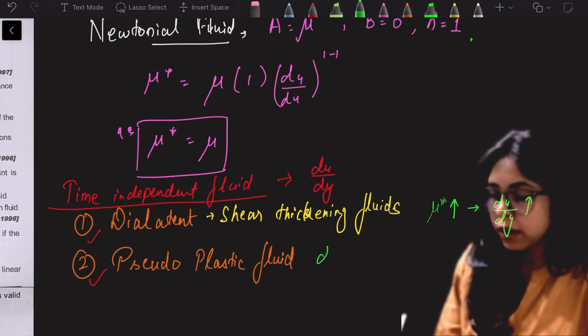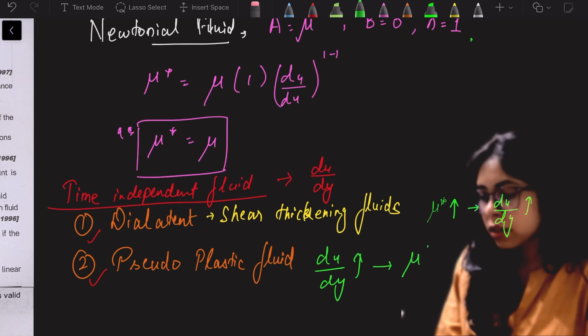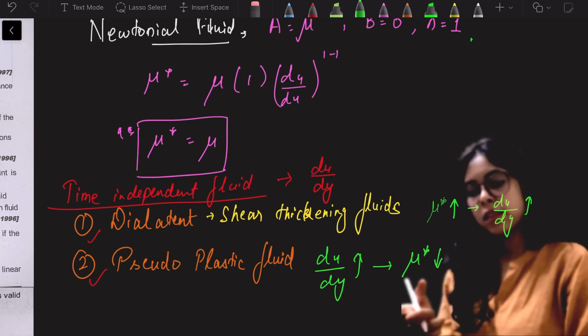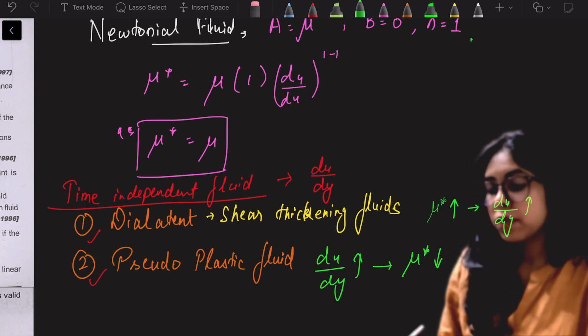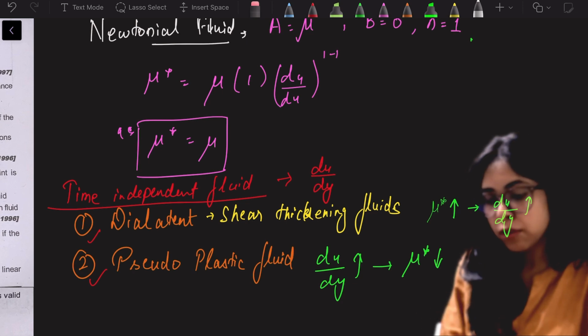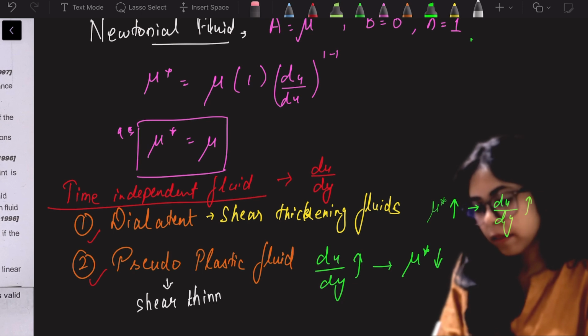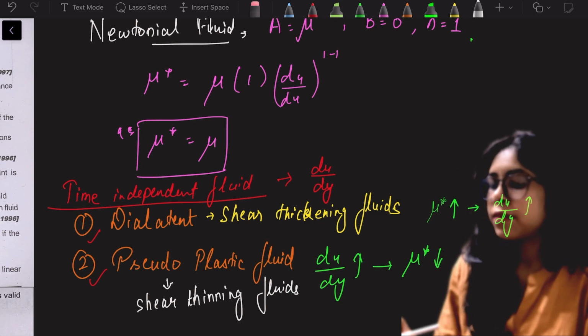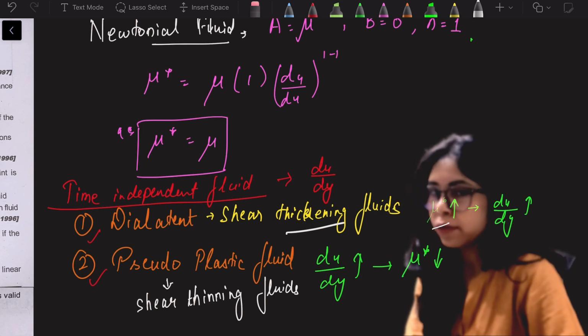And when with du over dy increasing, the fluid's apparent viscosity decreases, that is pseudoplastic. If the viscosity is decreasing, we call it shear thinning fluids, and when viscosity is increasing, it is called shear thickening fluids.